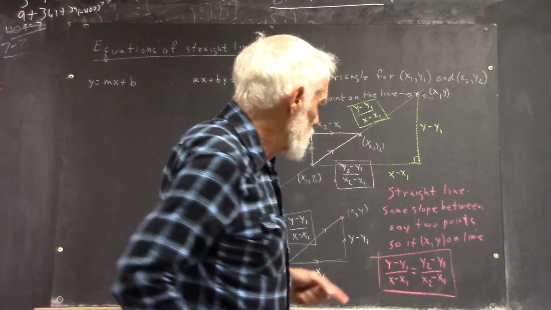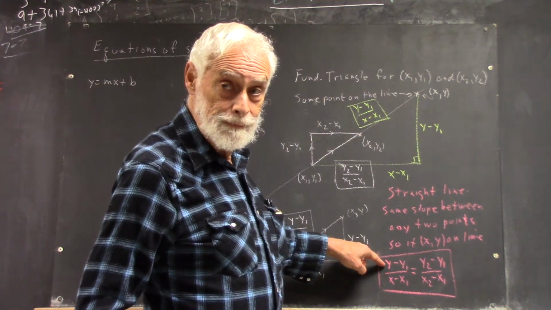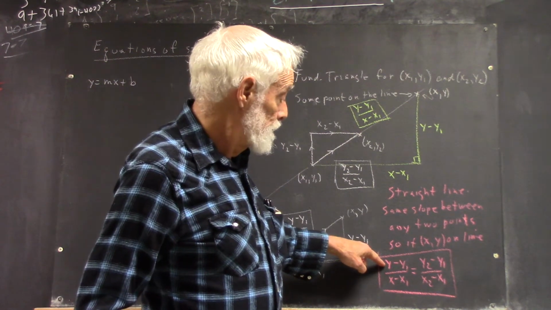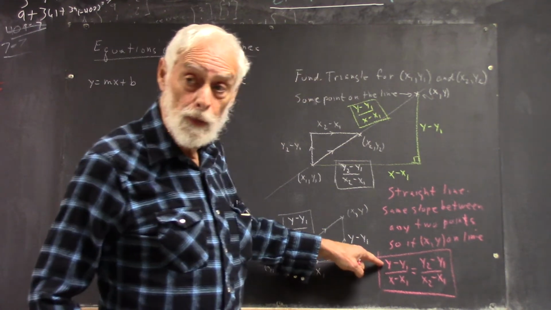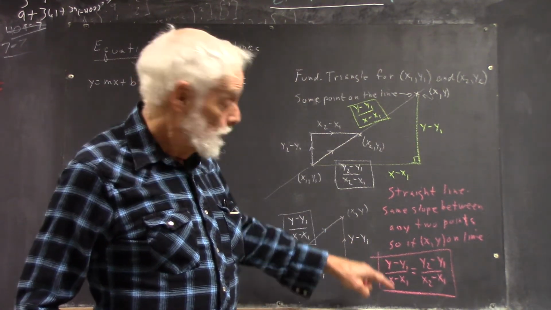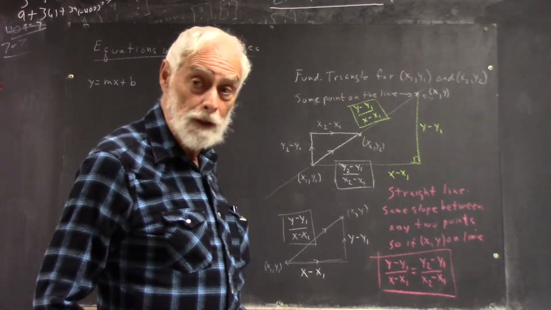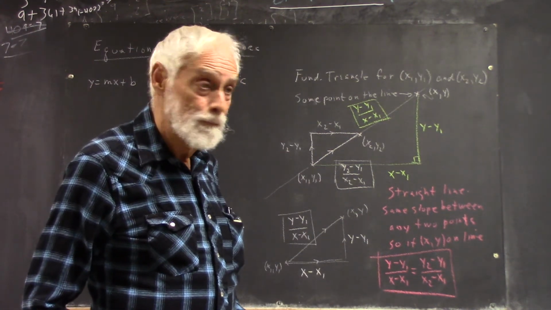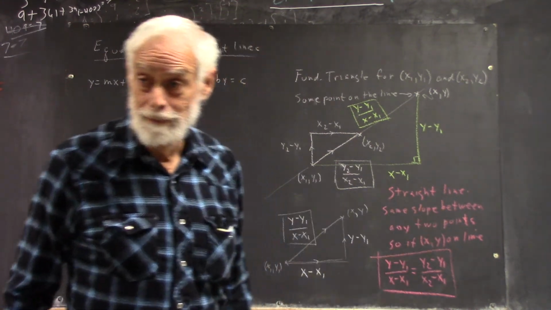Now for homework, I'm going to ask you to solve this for y. What do you have to do to solve this for y? You multiply both sides by x minus x1, right? That'll give you y minus y1, then you add y1 to both sides.